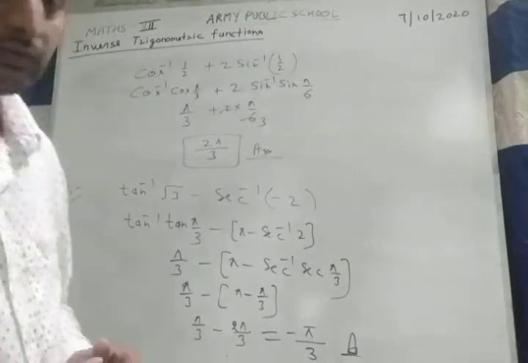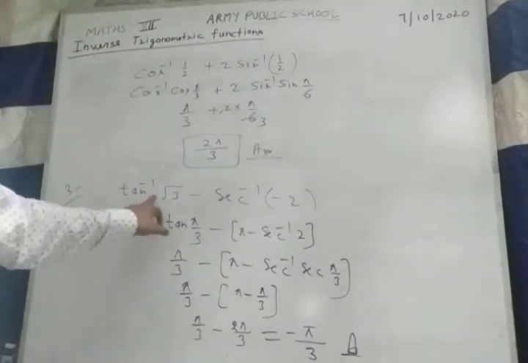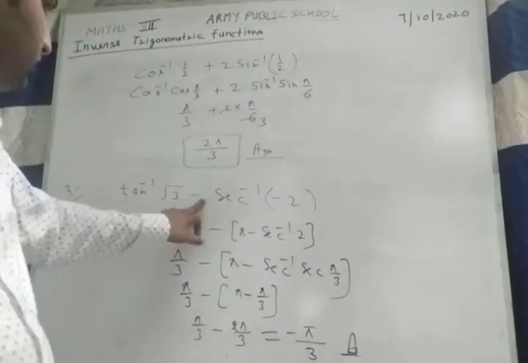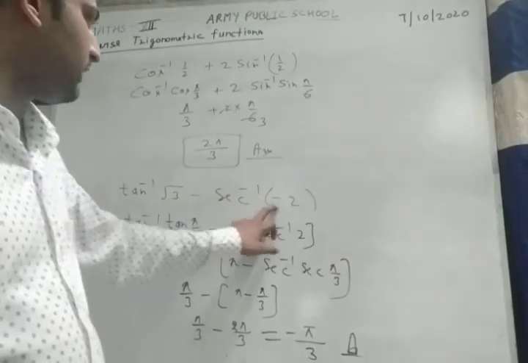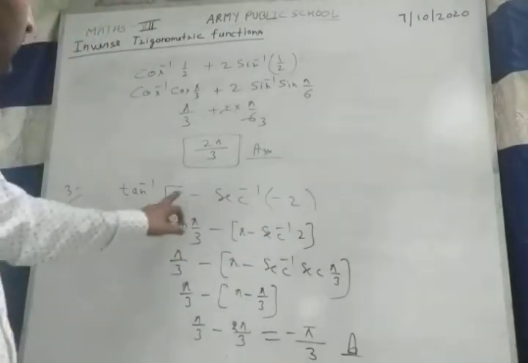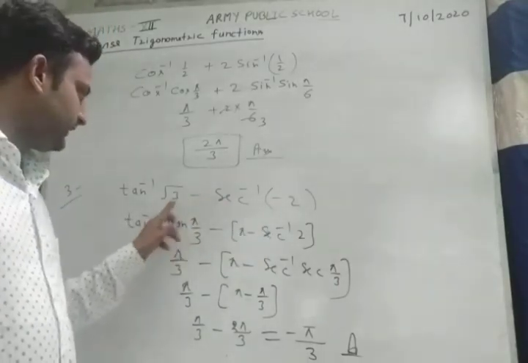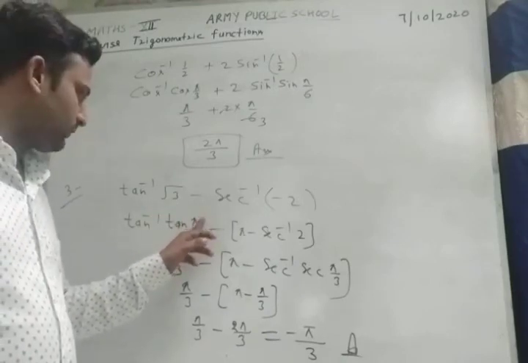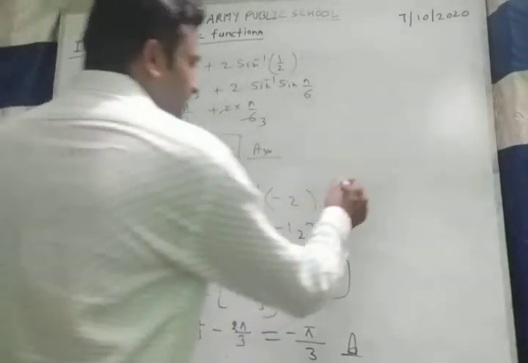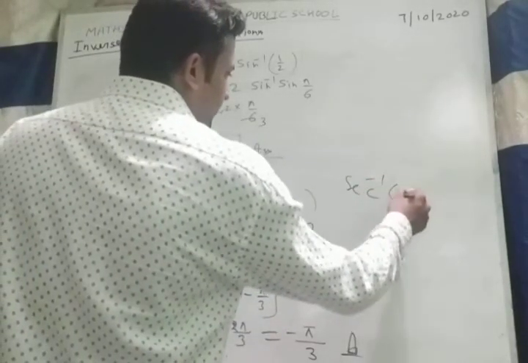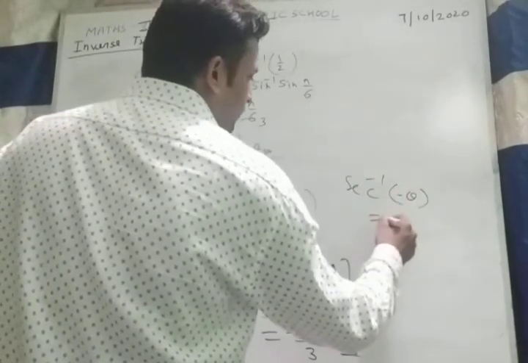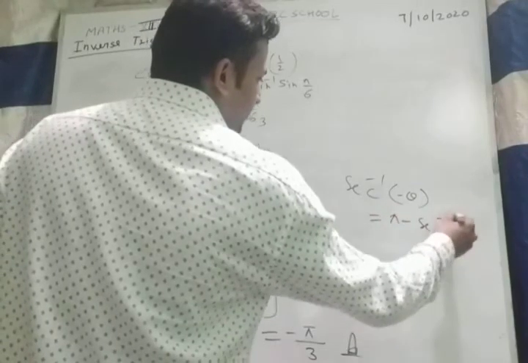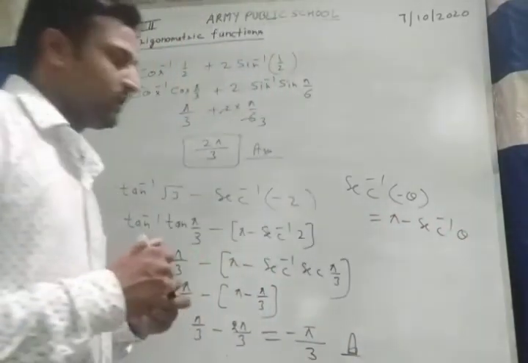Okay. Tan inverse minus root 3 is minus sec inverse minus 2. So root 3 can be written as the value of tan 60, so we can write tan pi by 3, and sec inverse minus theta is equal to pi minus sec inverse theta.